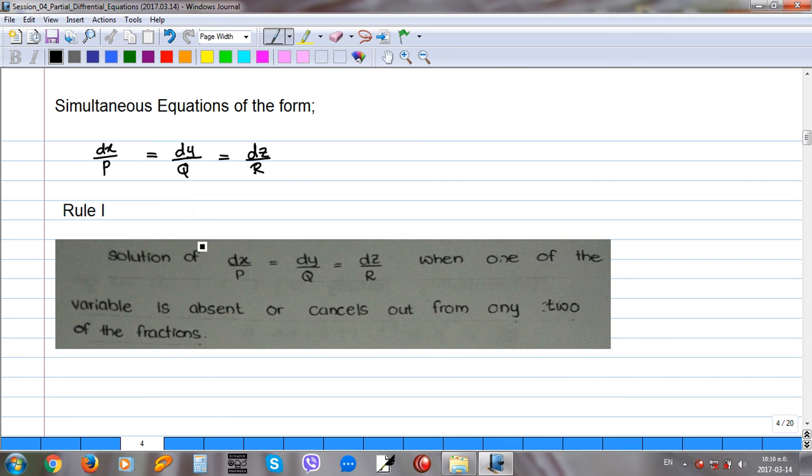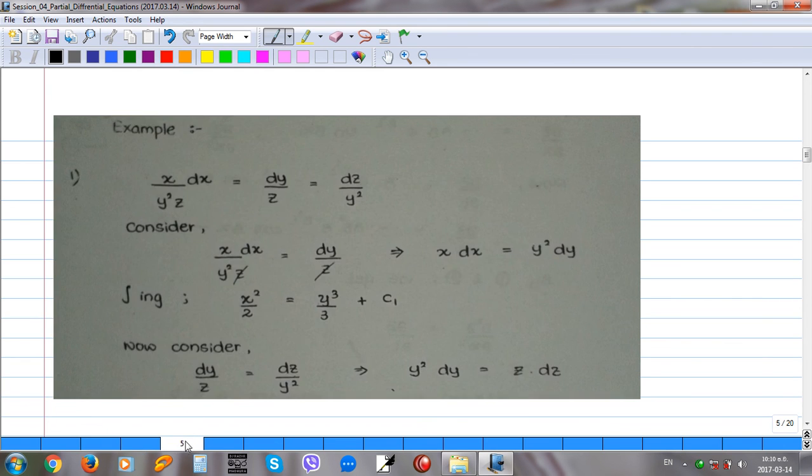The first rule is the solution of dx over P equals dy over Q equals dz over R when one of the variables is absent or cancels out from two of the fractions. We will see how to get the answers for those partial differential equations through examples.